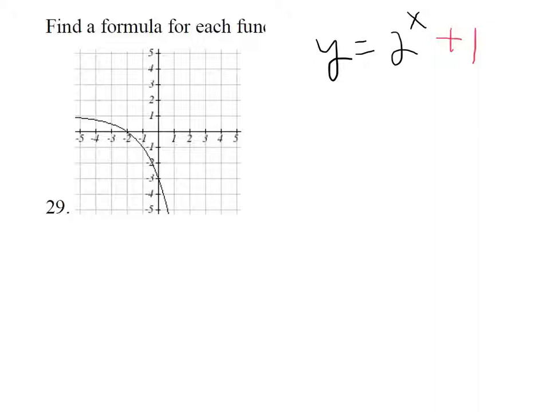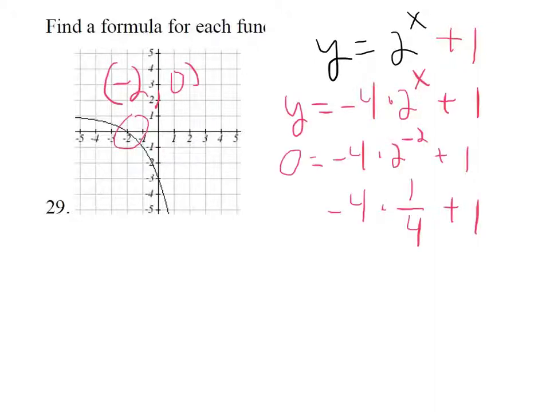Now I've got this other point that I haven't used, this -2, 0. Let's see how that works. Does this equal 0 if x is -2? Let's see, so what's that? That's 2 to the -2 plus 1. So what I have is -4 times 2 to the -2 plus 1.